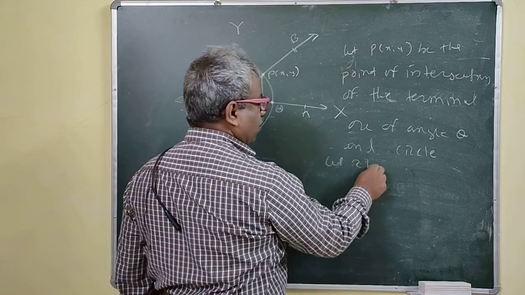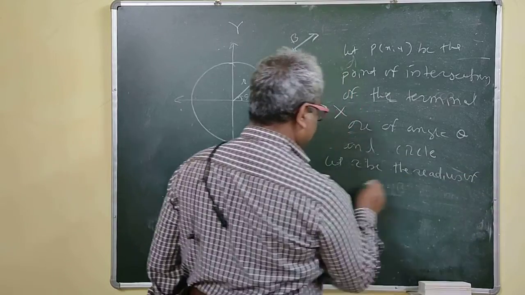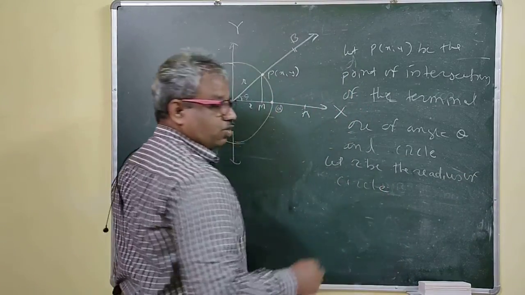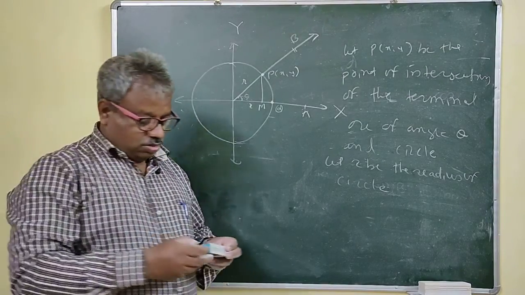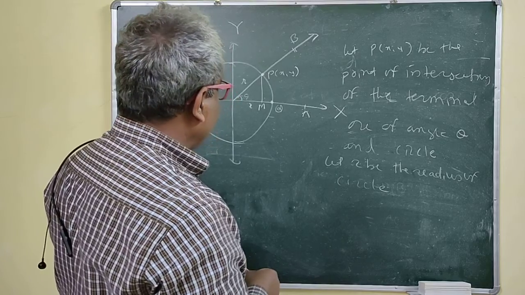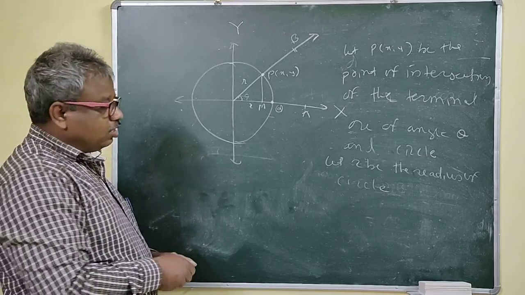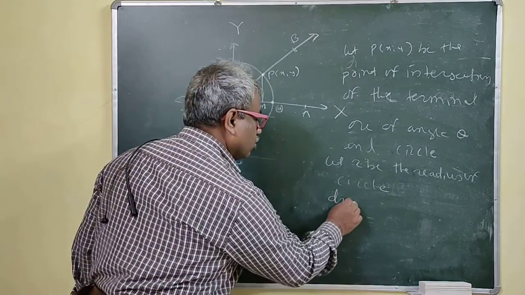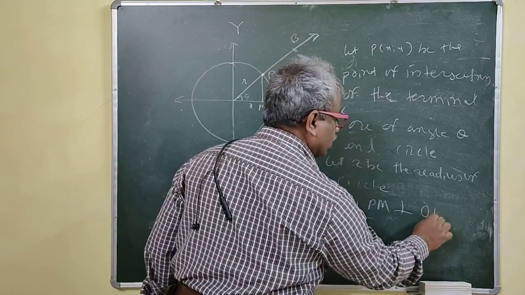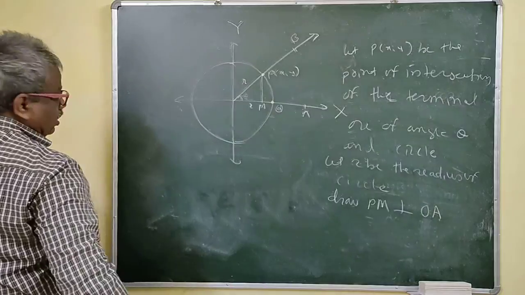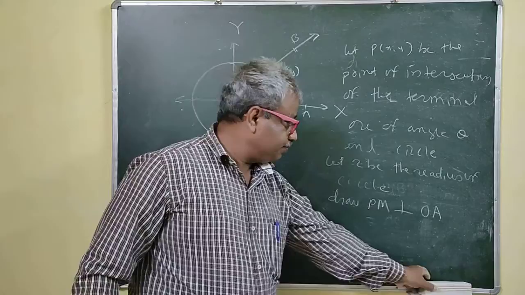So we draw PM perpendicular to the x-axis, to OA. OA is your initial arm. So PM is perpendicular to the x-axis.